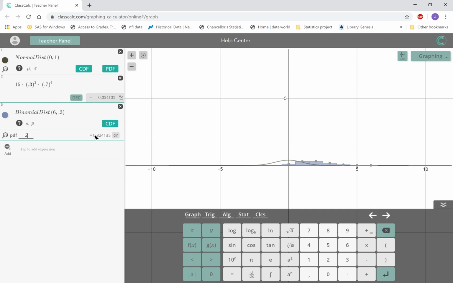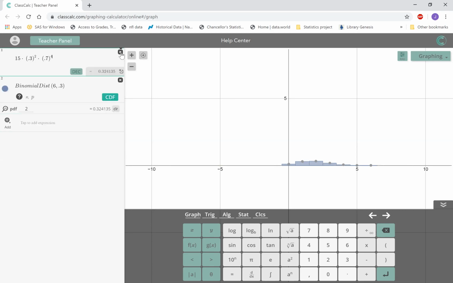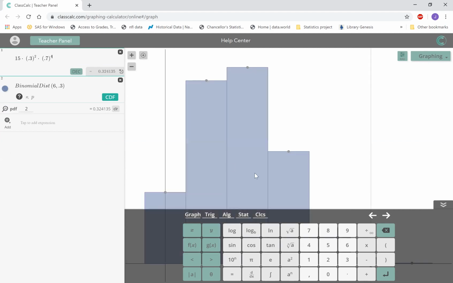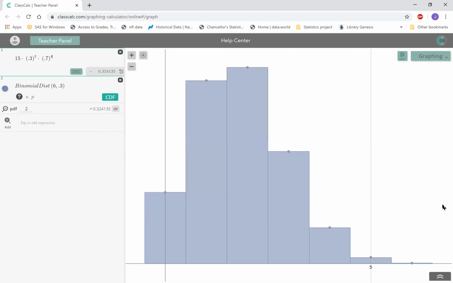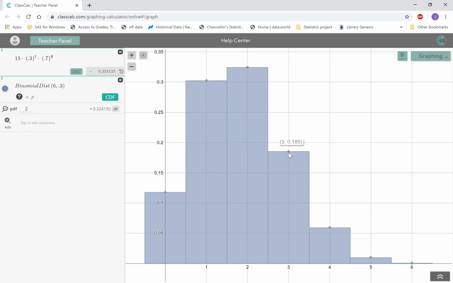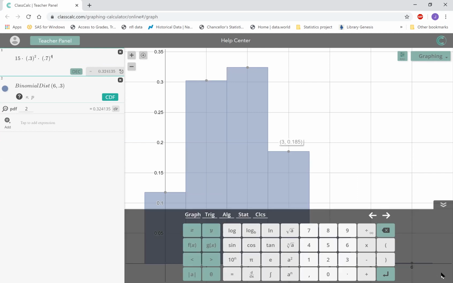And if you look at it, it'll give us this value, which is the exact same value that we got when we did it by hand. All right. Any question in regard to how to use it? We'll use ClassCalc for that portion.